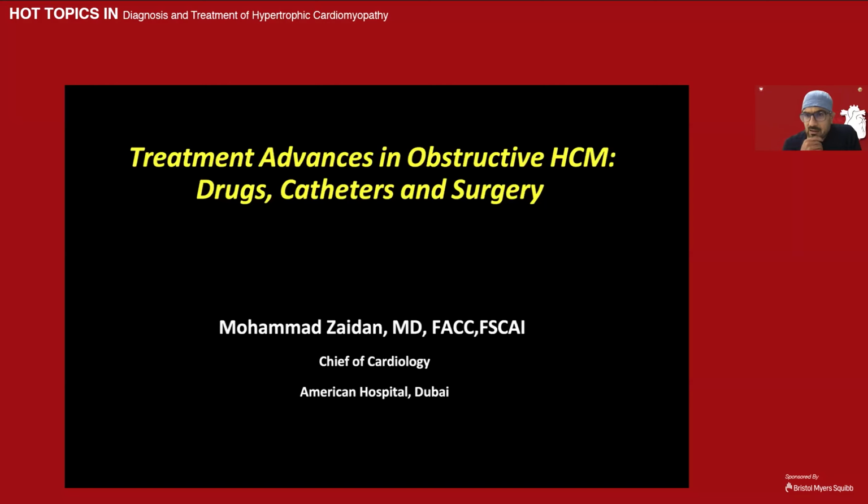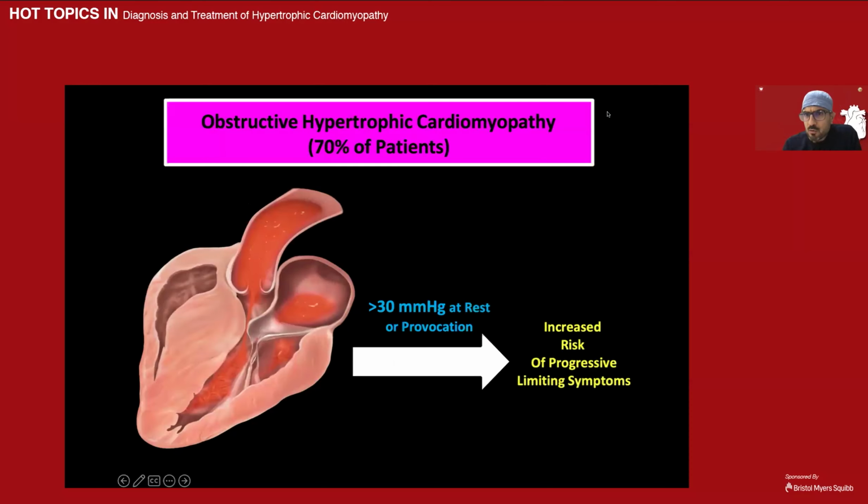HCM is, unfortunately, very under-diagnosed and very under-treated. We know that 70% of patients have obstructive hypertrophic cardiomyopathy, with a gradient of more than 30 millimeters at rest or provoked with exercise, and that increases their symptoms and also correlates with their mortality risk.